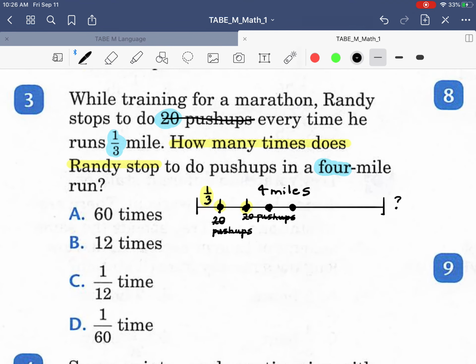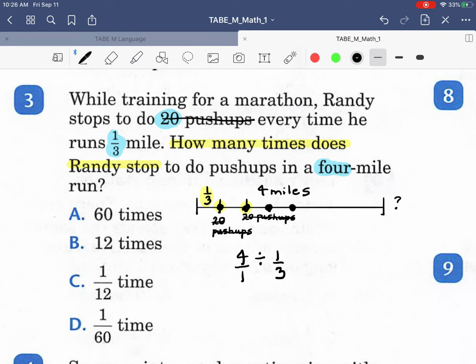We don't need the 20 to solve this problem. But sometimes those distractors can be really, really hard to deal with. I know that's not easy to see. We're going to take the 4 miles, the total, and divide that into 1/3 mile stops.